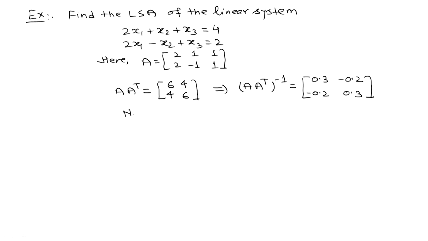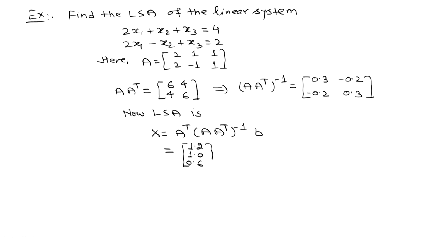And now the least square approximation is x equals A transpose (A A transpose) inverse into b, and this comes out to be 1.2, 1.0, 0.6. Means x1 is 1.2, x2 is 1, x3 is 0.6.